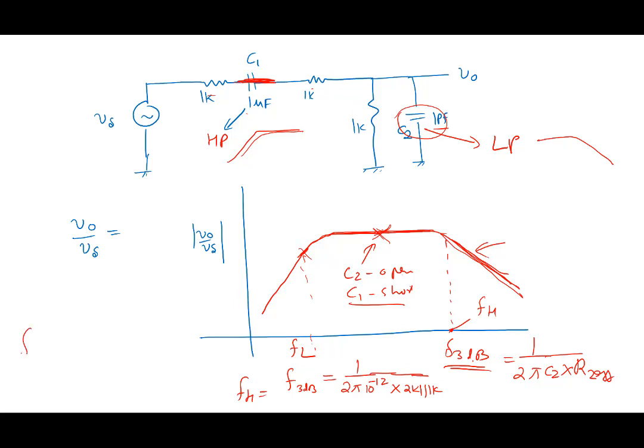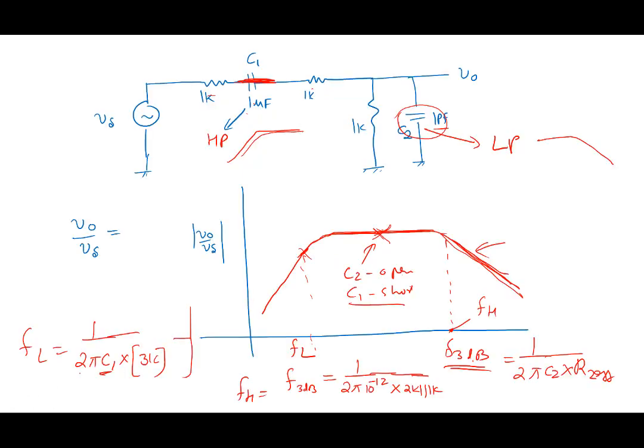So FL will be equal to how much? 1 over 2 pi C1 multiplied by what? 1K, 1K, 2K plus 1K, 3K. Right? And if you calculate the value, C1 is in microfarad, and this one was in picofarad.